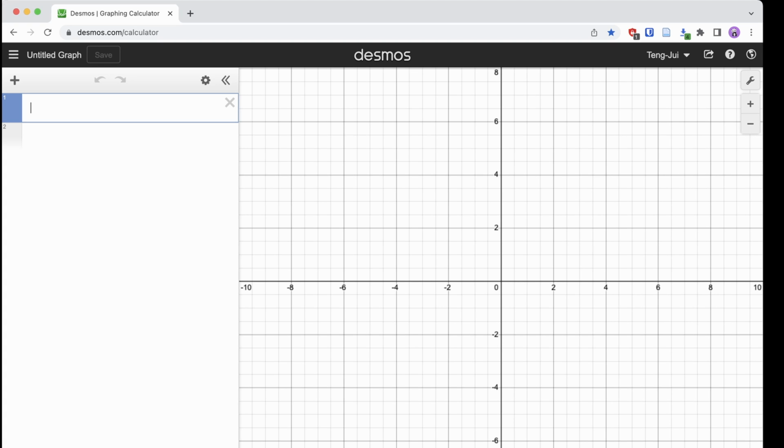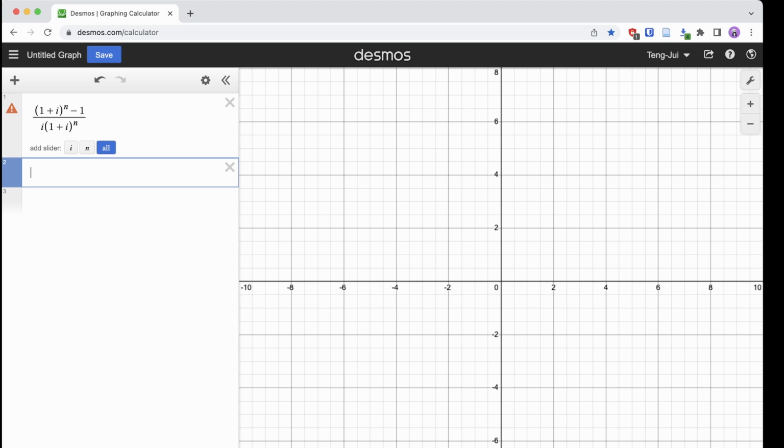Now the task is easy, we only want to numerically find out what I is. So in the Desmos graphing calculator, we can plug in our expression, (1 plus I)^n minus 1, divided by the whole thing, I times (1 plus I)^n, is equal to P over A. So we want to find the intersection of these where they are equal to each other.